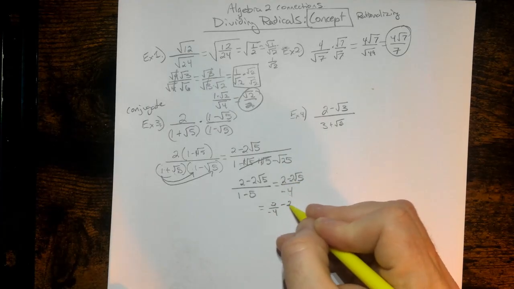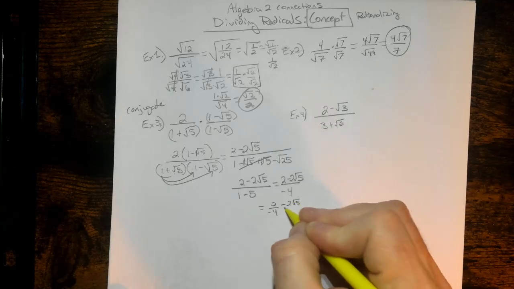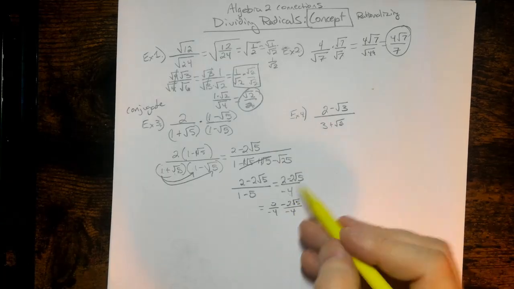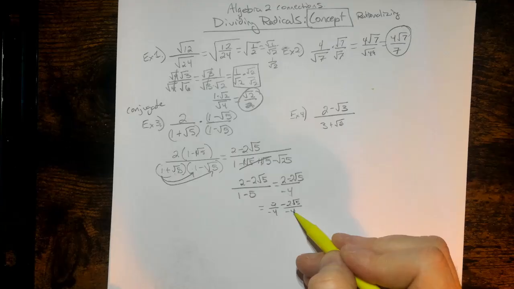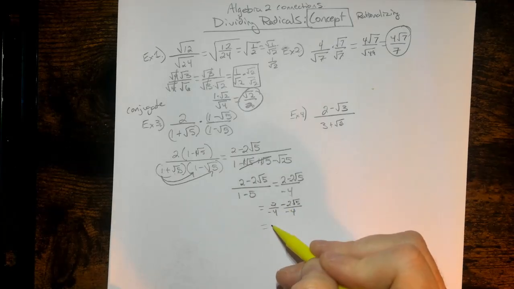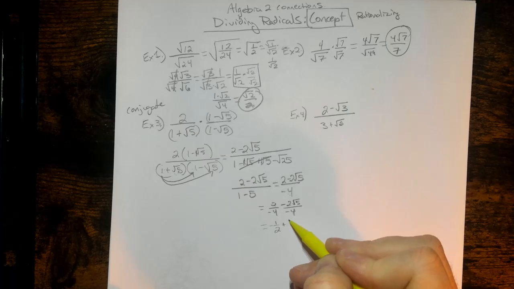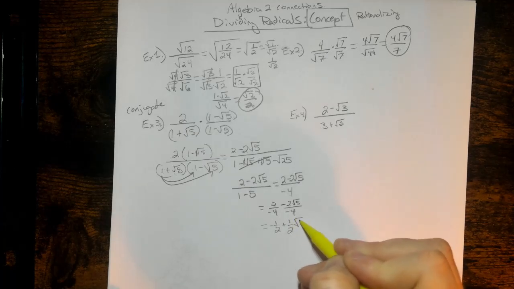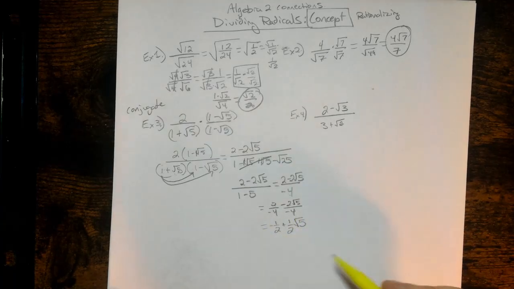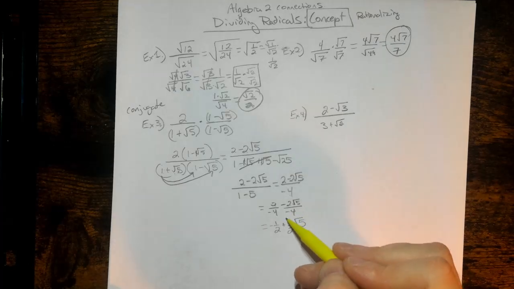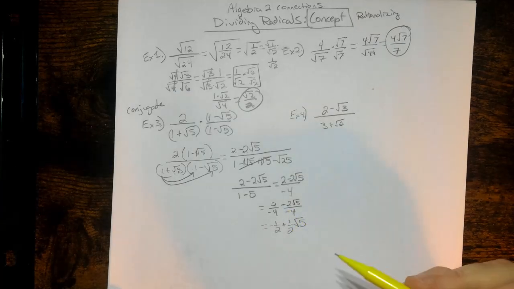So I'm going to put it over here, and then over here, so I have this negative 4 underneath both of these. If I simplify this first one, this just becomes negative 1/2 plus positive 1/2 square roots of 5. This is our simplest form. I can't really go any further, but why is this positive? Because a negative divided by negative is positive.